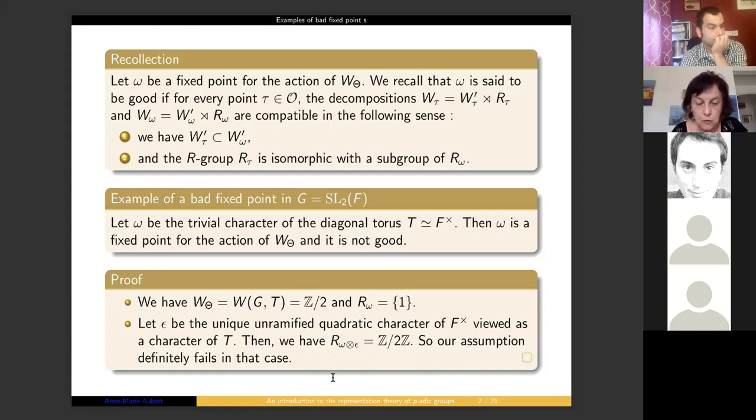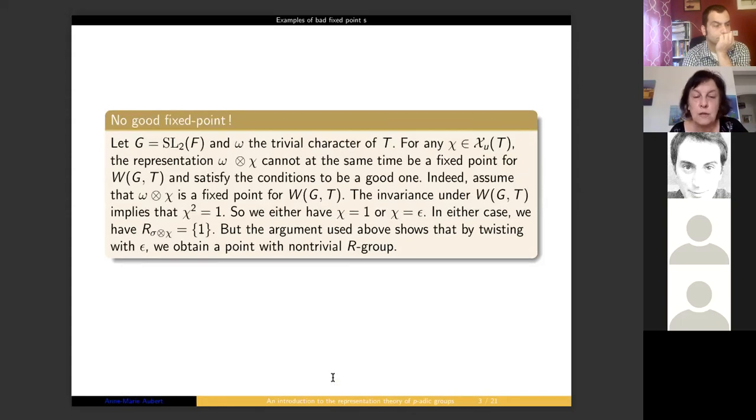Of course, this example shows that the situation is even worse. There is no good fixed point in this case for this pair theta. In fact, if you take any unitary unramified character chi of a torus, then omega is just a trivial character, but omega tensored by chi cannot be at the same time a fixed point and a good one.